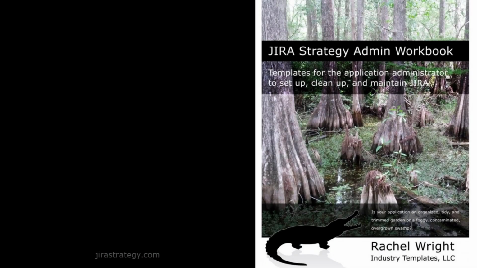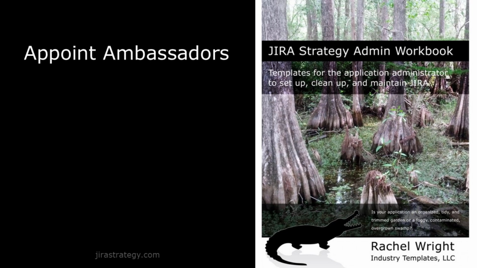And who creates them? In my book, the Jira Strategy Admin Workbook, I recommend creating an ambassadors group. It's a small team that represents your user base. They help when you need to execute impactful changes to your application or communicate the change request process.